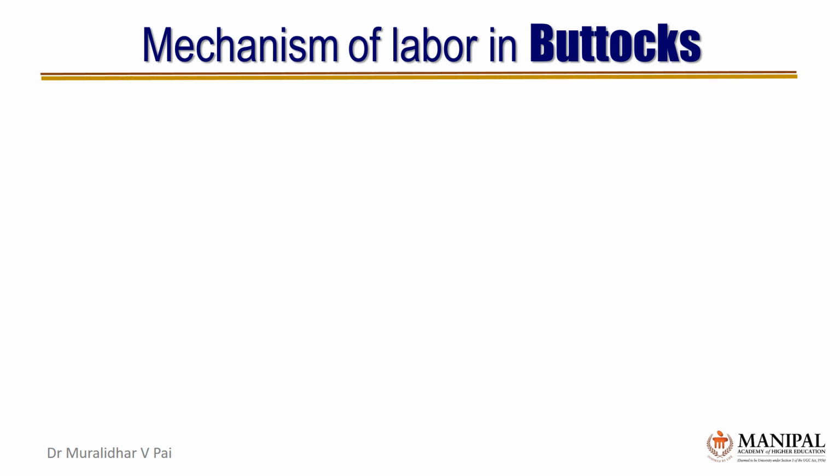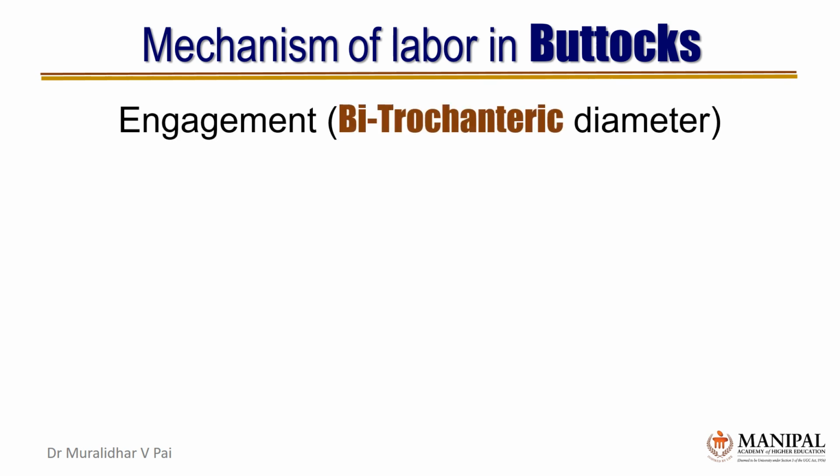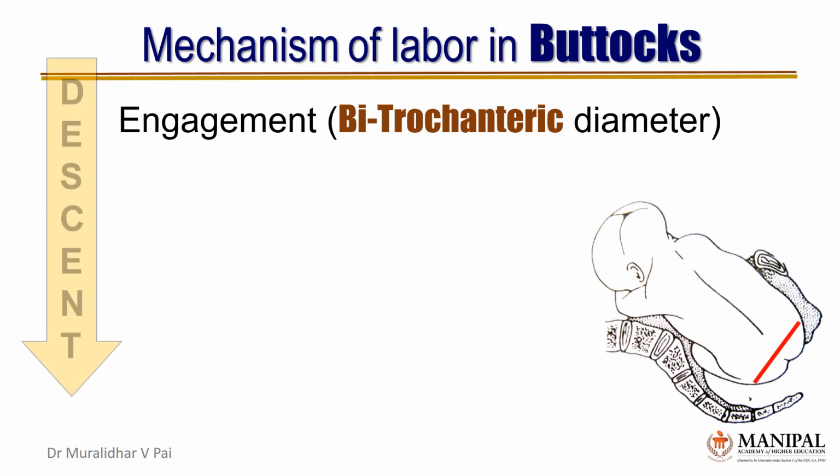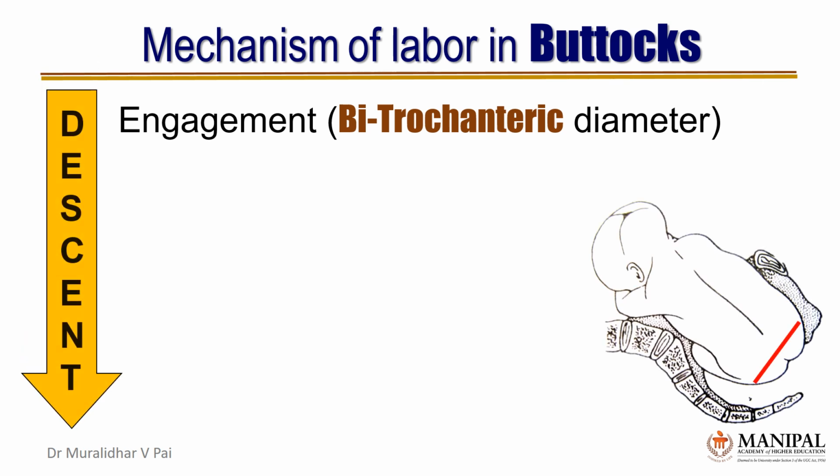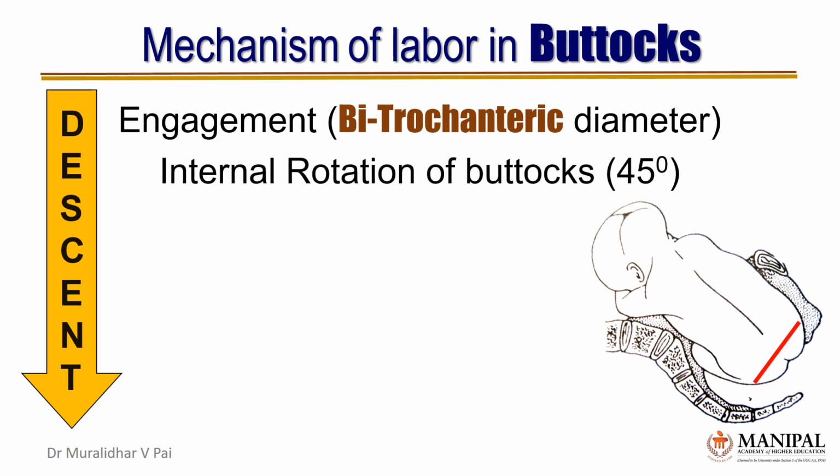Let's take up mechanism of labor at the level of buttocks first. When the bitrochanteric diameter crosses the pelvic brim, we call it engagement of the buttocks. Thereafter, there will be descent, and descent continues throughout. As we know, whichever part has to deliver should align in the anteroposterior diameter of the outlet.